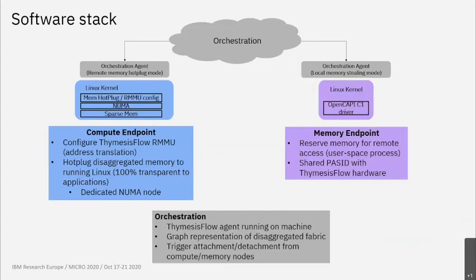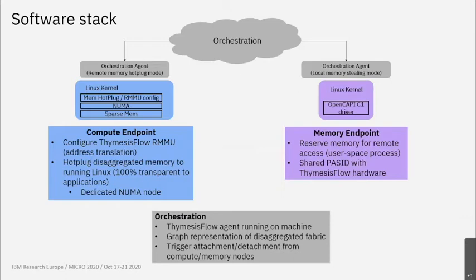On the software side, instead, we have on the compute endpoint software for configuring the RMMU, so mostly configuring the address translation and hot plugging the disaggregated memory to the running Linux.